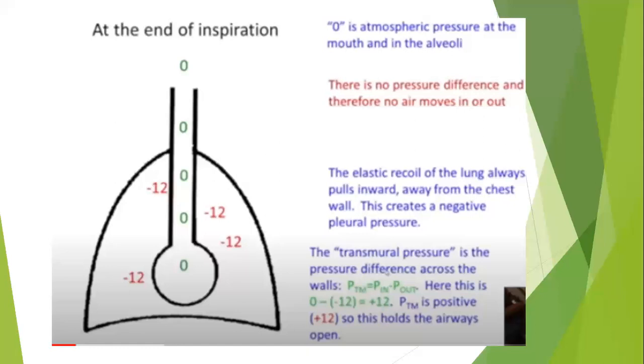So within the pleural space, the pressure is -12. Transmural pressure is the difference between the pressure in the airspace and the pleura. So this is 0 minus -12, which is +12. That means the airway remains open. Next slide.